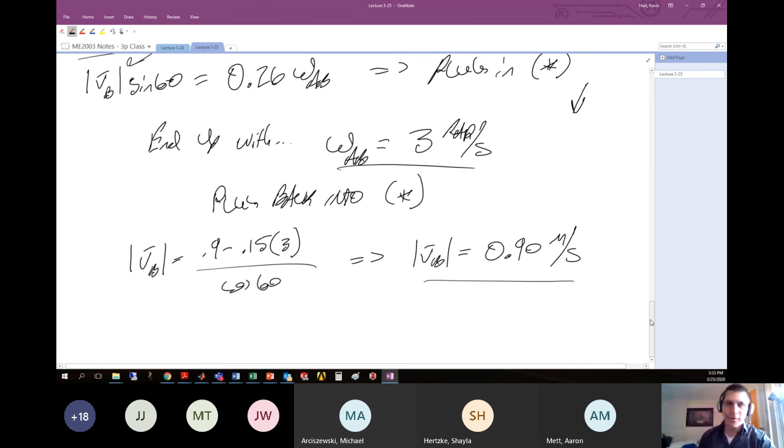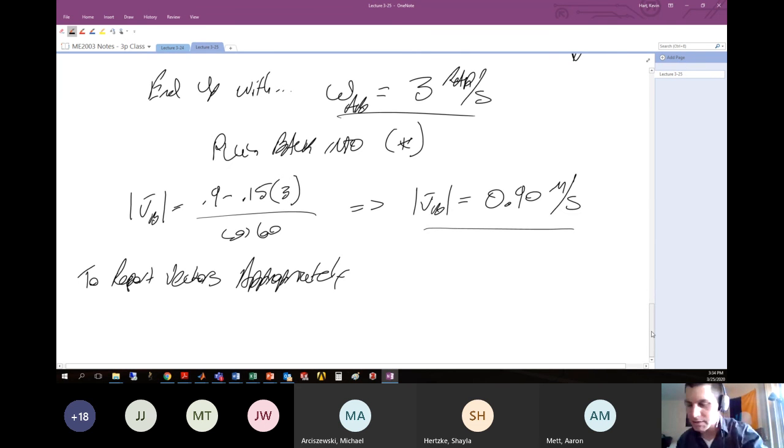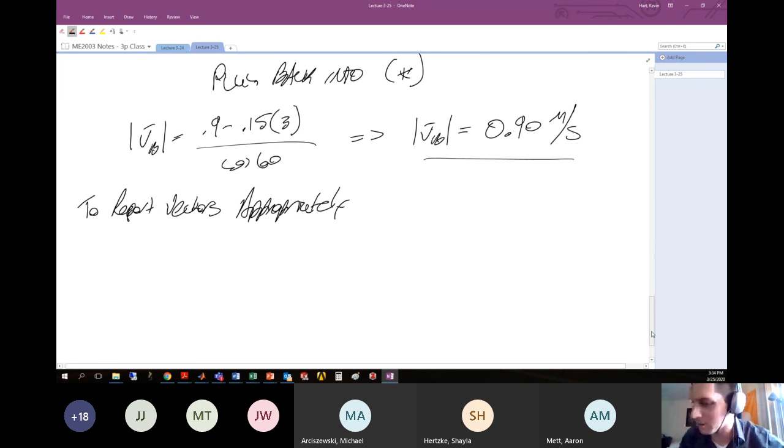Now, I have found the magnitudes of the velocity vector and the magnitude of the angular velocity vector, but I have not actually found the vectors themselves. So to report these vectors appropriately, I actually need to write them as vectors, not as magnitudes.